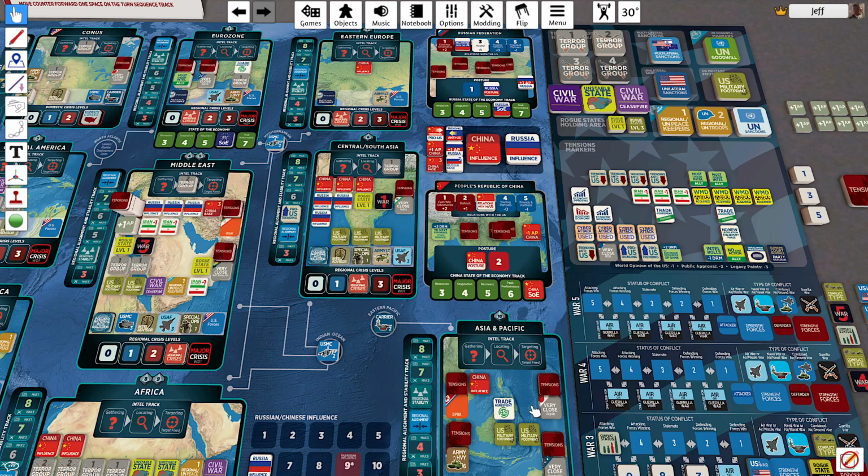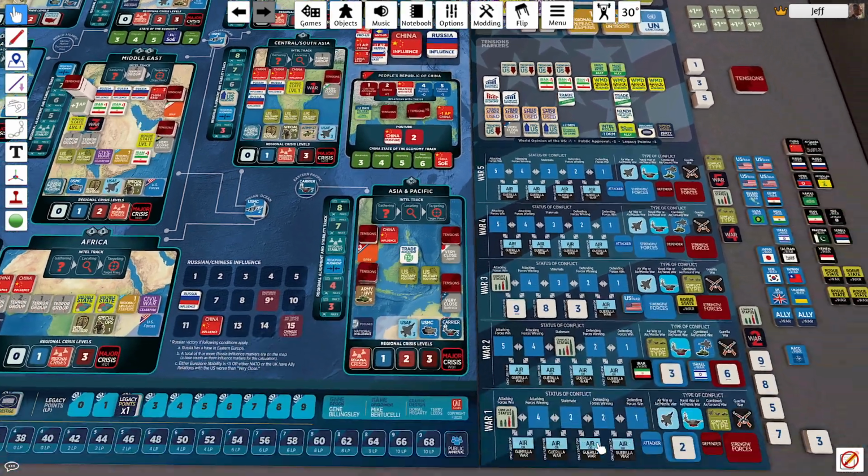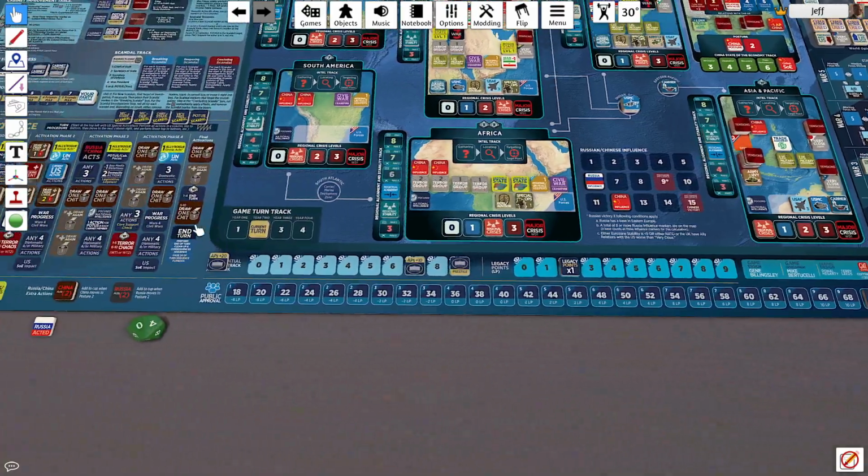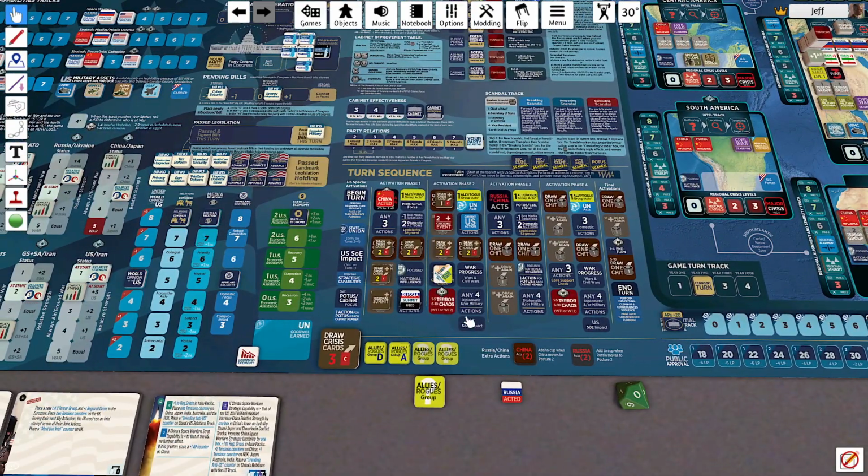The US wins, +2 public approval, +1 RWC, +1 media relations. All of them are maxed out. You may immediately move 2 US units somewhere else.